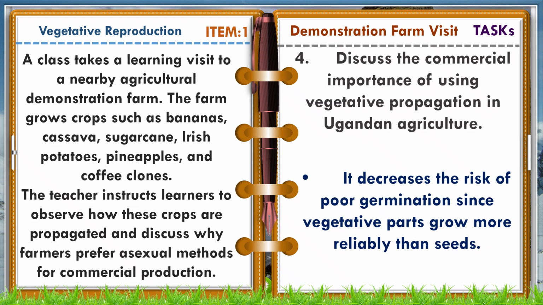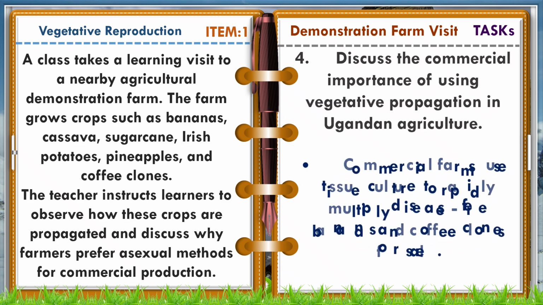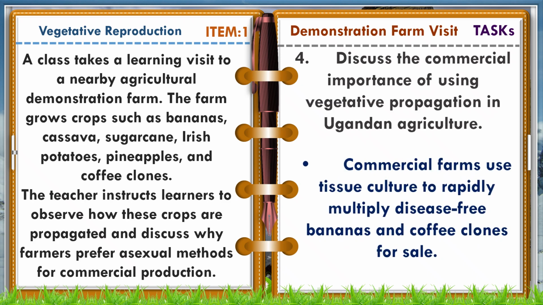It decreases risks of poor germination since vegetative parts grow more reliably than seeds. Commercial farms use tissue culture to rapidly multiply disease-free bananas and coffee clones for sale.